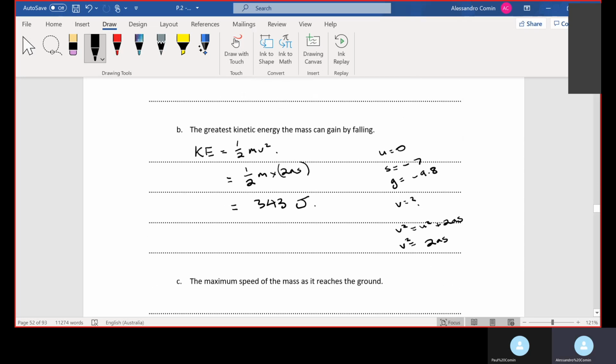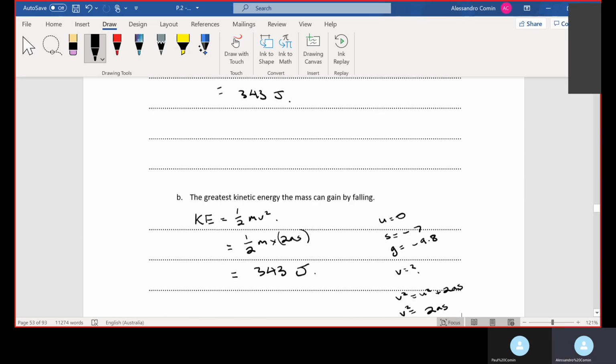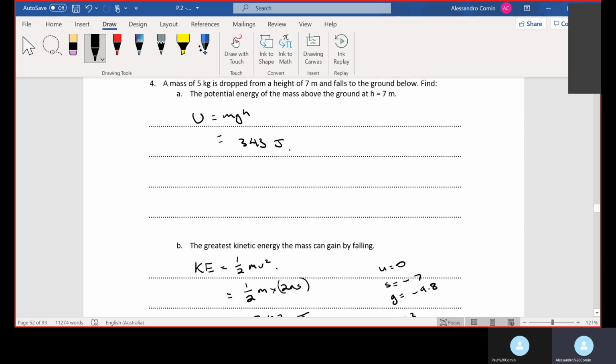But that's really interesting. And why is that interesting? Consider this. If I drop the ball at this point, we know that the mechanical energy is equal to U plus K. At this point, when I've dropped it, K is equal to 0, so this is just equal to U plus 0, which is equal to 343 joules.